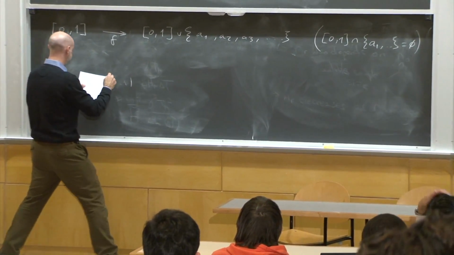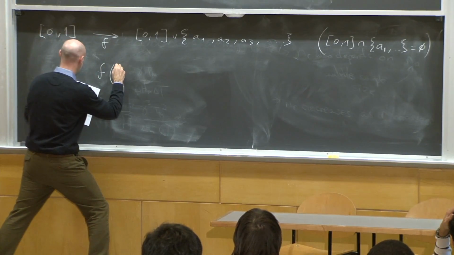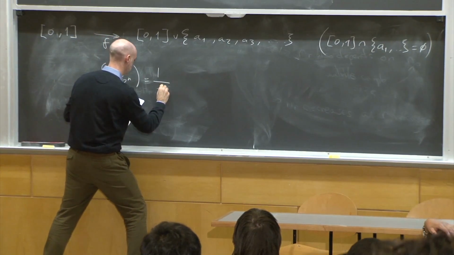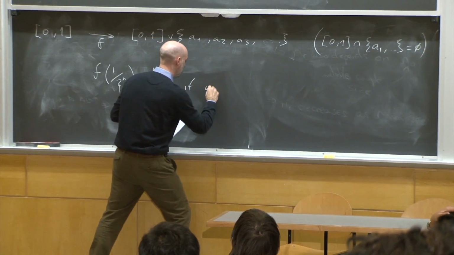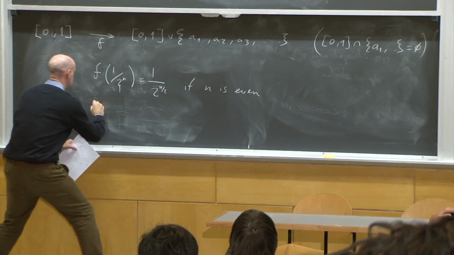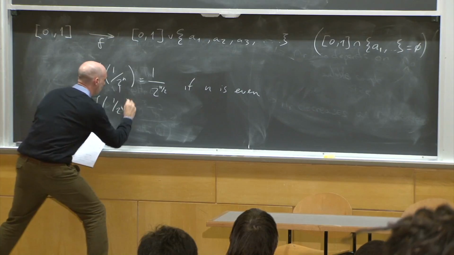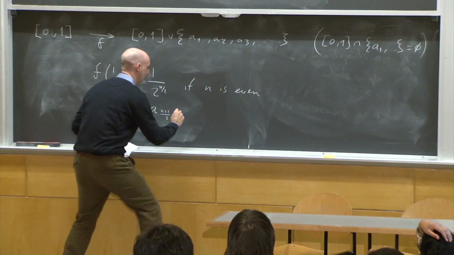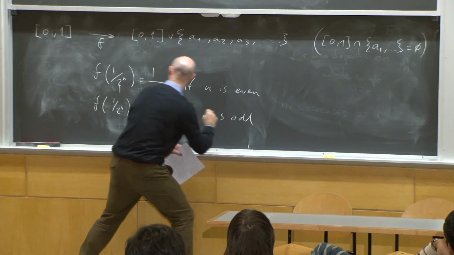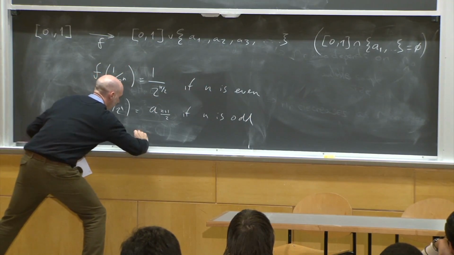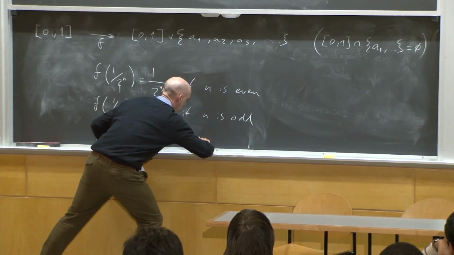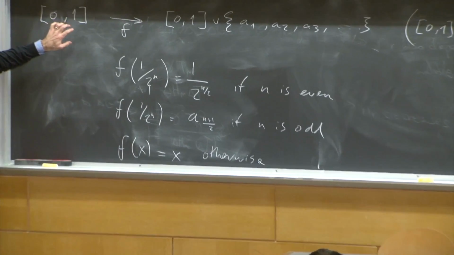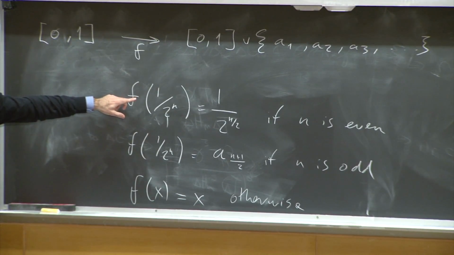So then here's how to do it. The function is going to treat points in here differently, depending on whether they're of the form 1 over 2 to the n or not.